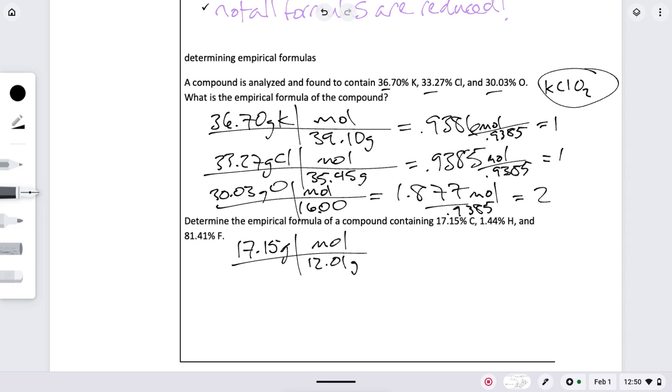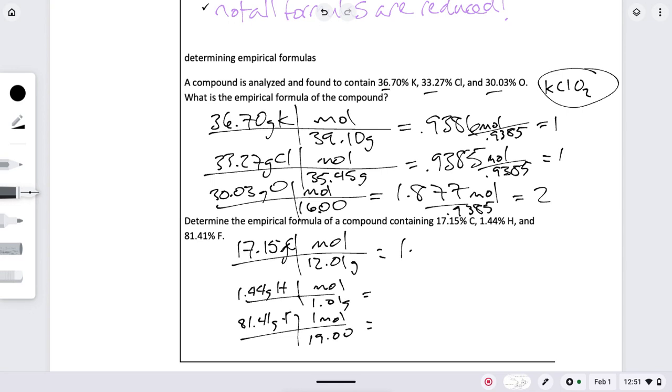Carbon is 12.01 grams per mole. Then I'm going to do the same thing with the hydrogen, 1.44 grams of hydrogen divided by 1.01 grams per mole. And then I'll take the 81.41 grams of fluorine and divide by, I think it's 19 for fluorine on the periodic table.